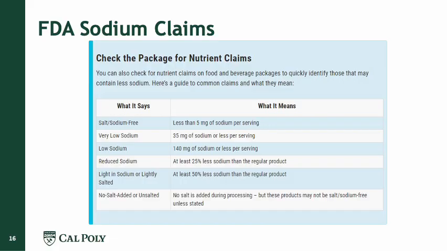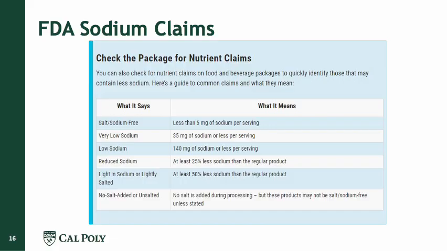There are many other claims, such as sugar reduction, fat reduction, saturated fat, and cholesterol reduction. You can find all those on the FDA website. But here, let's take a closer look at salt. These are called nutrient claims or nutritional claims.